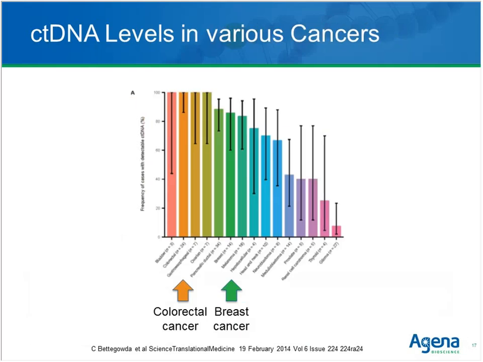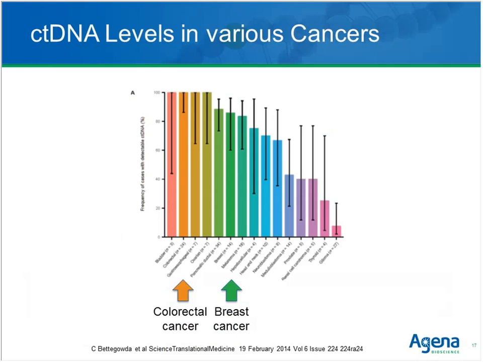If you think about the abundance of cell-free or circulating tumor DNA in various solid cancers, here you see a representation of a few of them, where two typical examples, colorectal cancer and breast cancer, are highlighted with these arrows.